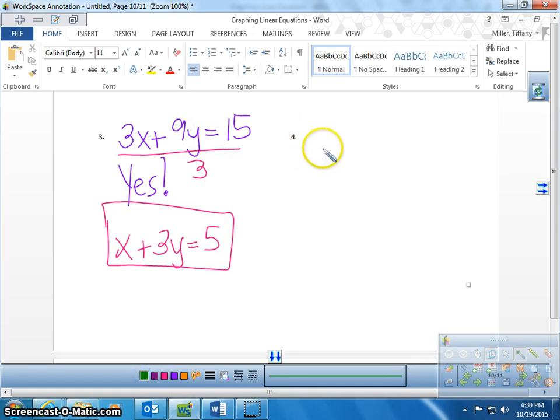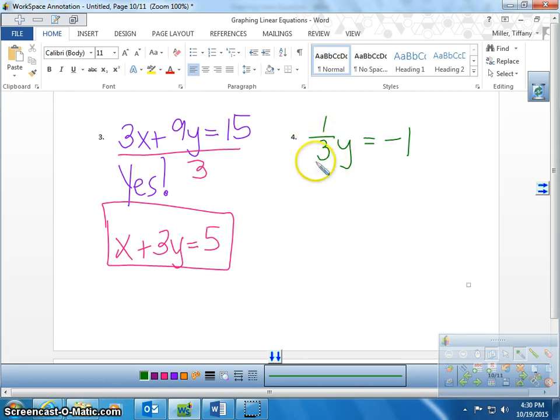And our last one, number 4, we have 1/3 y equals -1. So, is this a linear equation? Well, let's talk about it. There's a y, but there's not an x. So first we have to get this 1/3 away, okay? We need it to be an integer, right? A whole number.